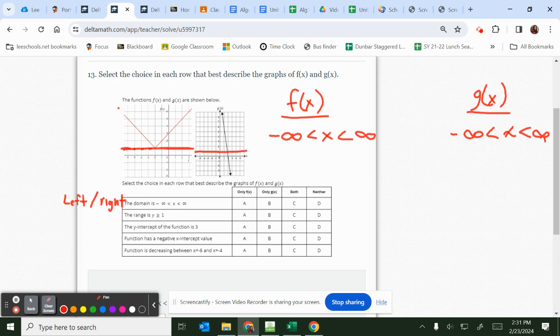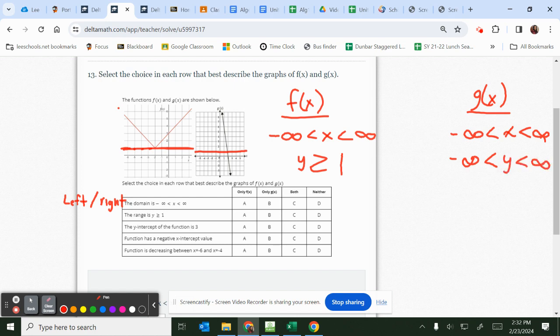When I look at my graph, only f of x is above that line. G of x has some points below that line. So for f of x, the range is y is greater than or equal to 1, but for g of x, the range is negative infinity to positive infinity.